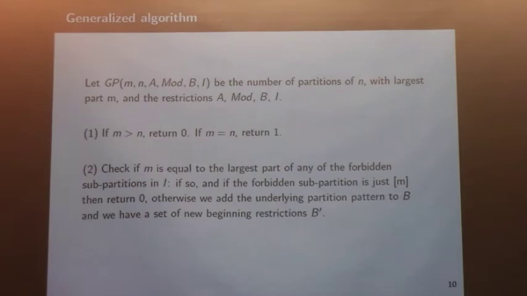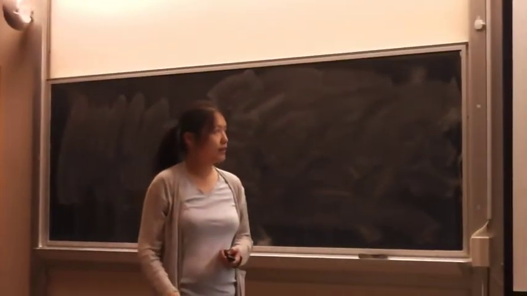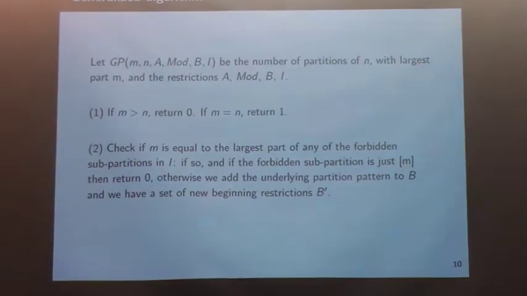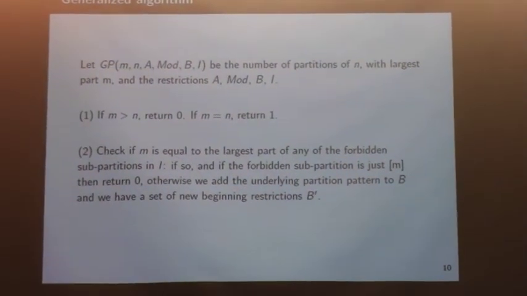Okay, so now finally we can talk about our generalized algorithm. Let GP of M, N, A mod B, I be the number of partitions of N with largest part M and the restrictions A mod B, I. So if M is greater than N, return 0.